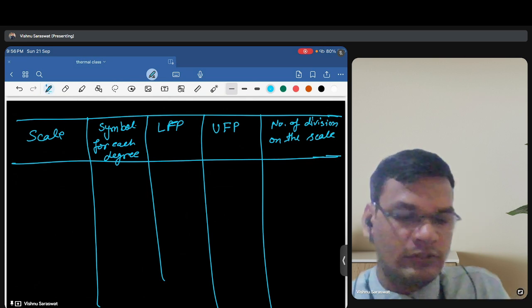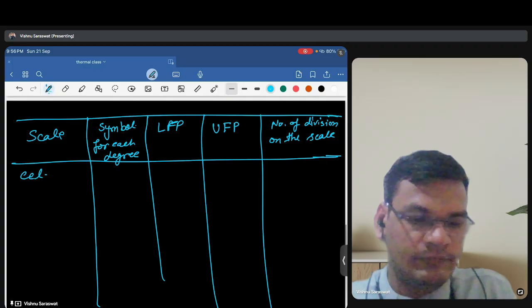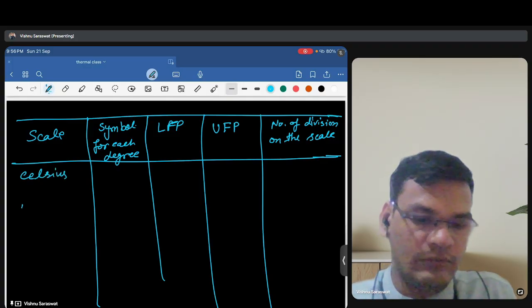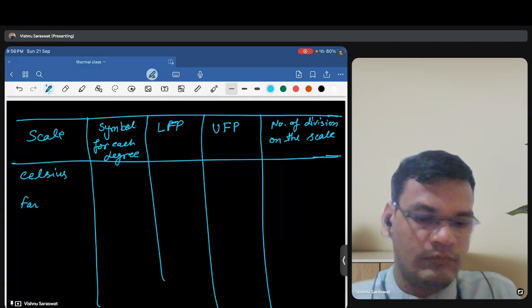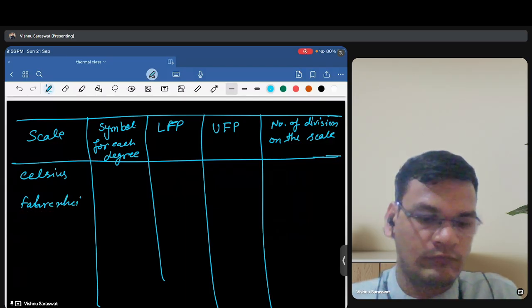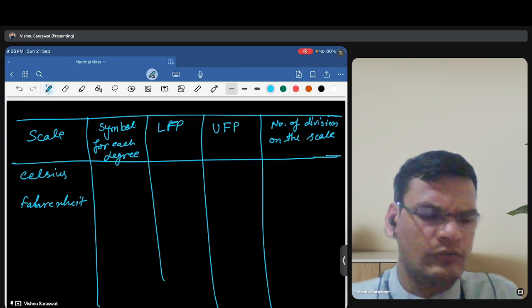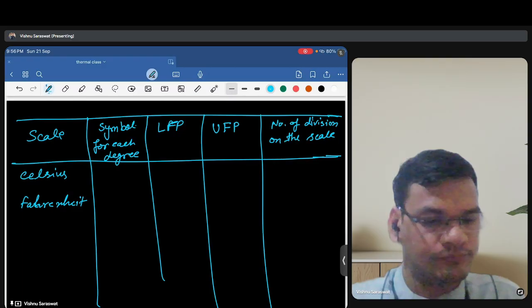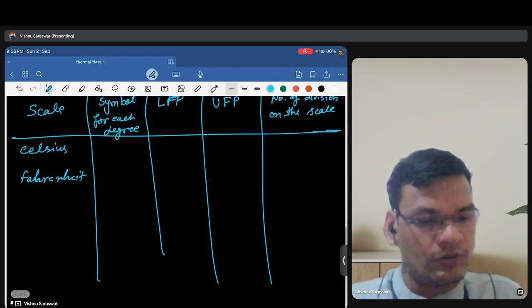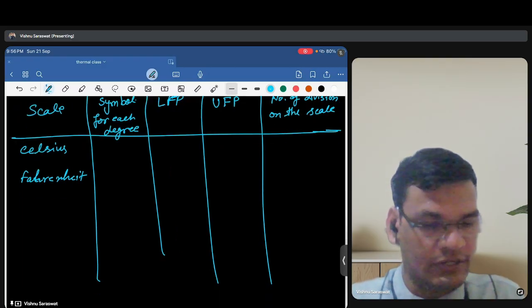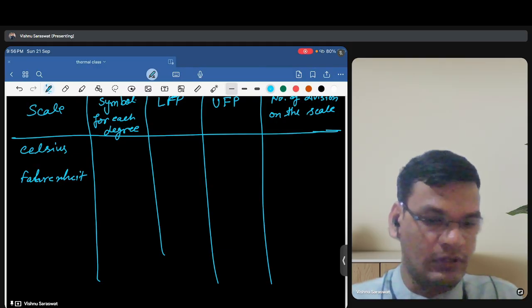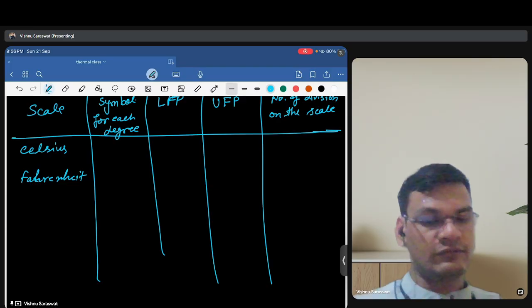So as we discussed, Celsius first, Fahrenheit the second one, and you can also swap, because I already discussed Fahrenheit first, Celsius second, and the last one is Kelvin.